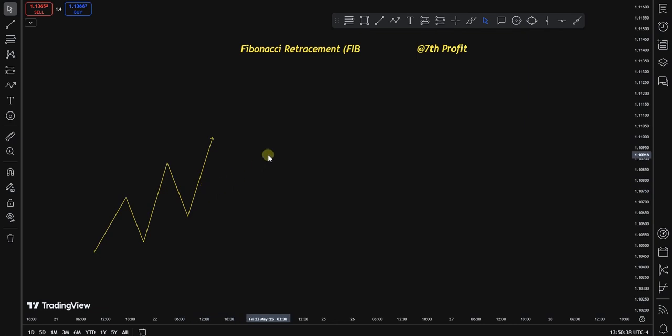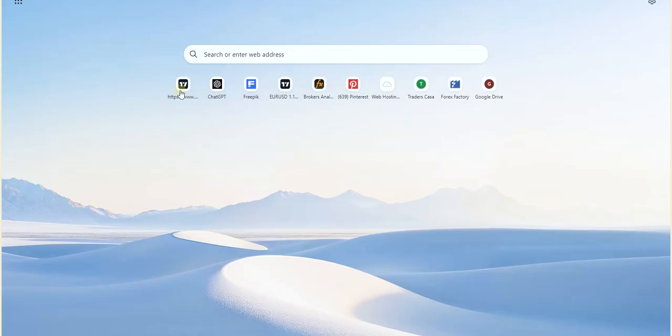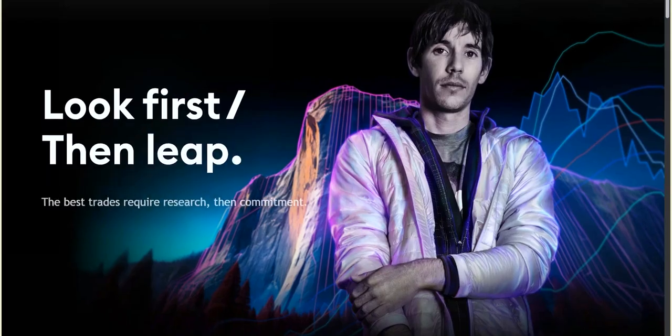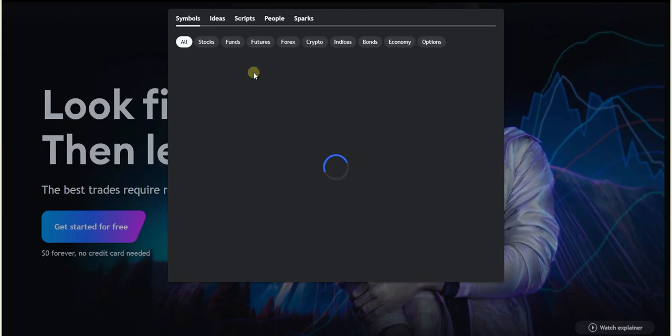If you are using the Fibonacci retracement for the first time, the settings are not going to be like this. So let me quickly show you how the settings look as a new user.